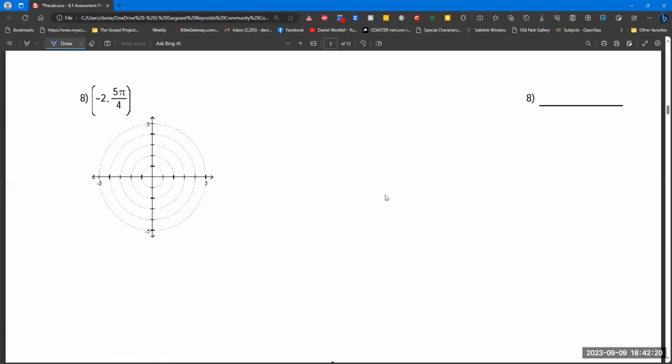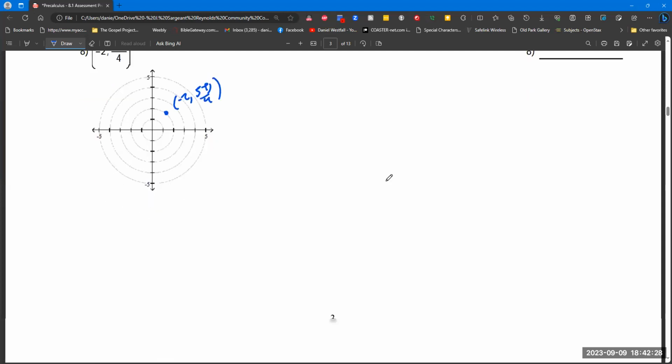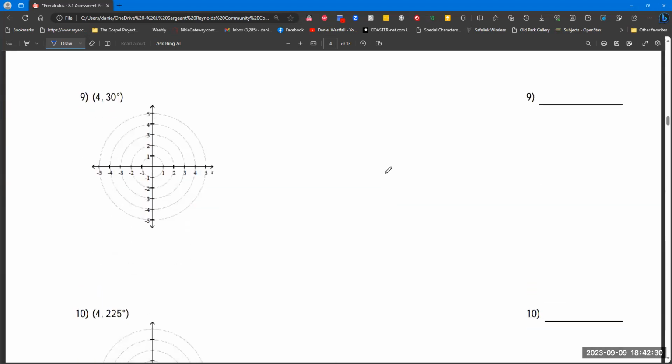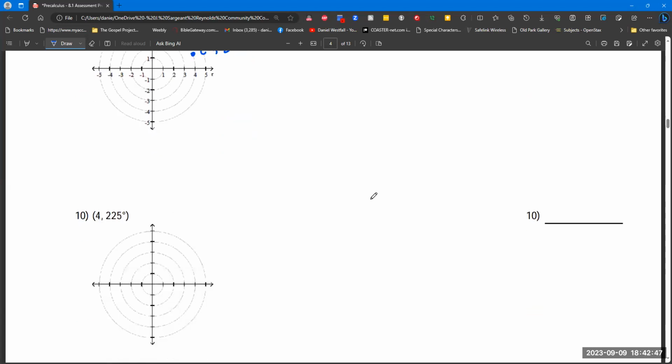Next, 5 pi over 4, -2. Looking in the direction of 30 degrees and walking 1, 2, 3, 4. Normally your theta value is going to be in radians.